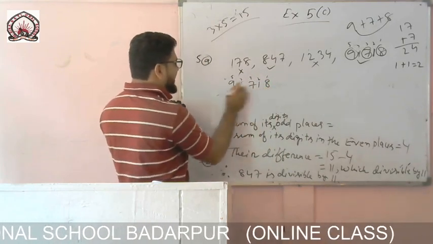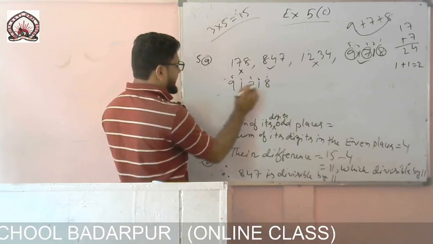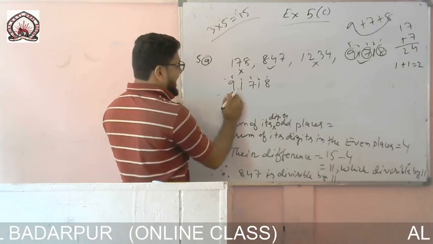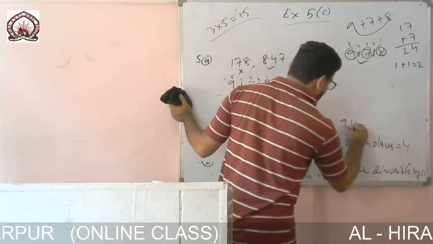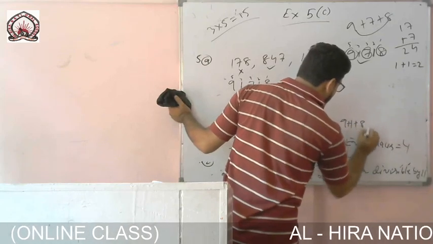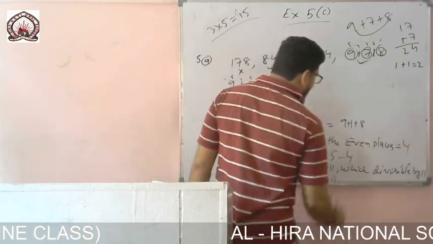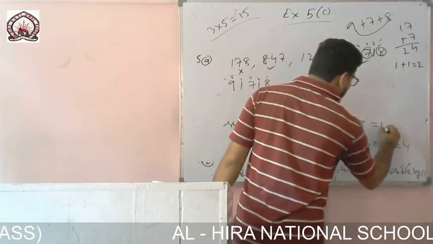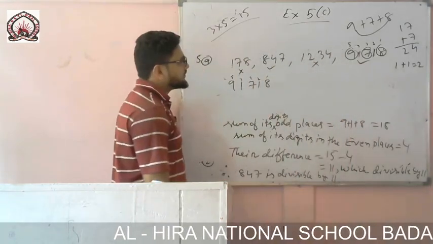The odd places are 8, 7 and 9. Sorry, 8 1 9 1 8. So the odd places are 9, 1 and 8. 9 plus 1 plus 8 is 18.